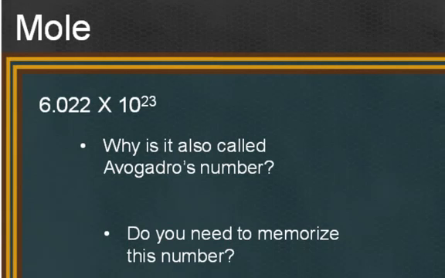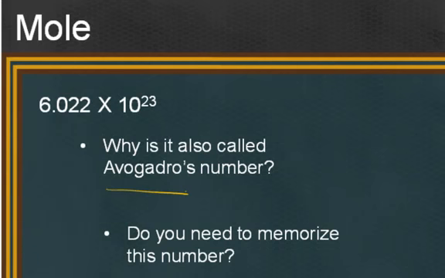He came up with the relationship between the mass, and he predicted that scientists would come up with a number that could very easily relate on the gram scale the number of particles for given mass units. So he gets the name associated with it.